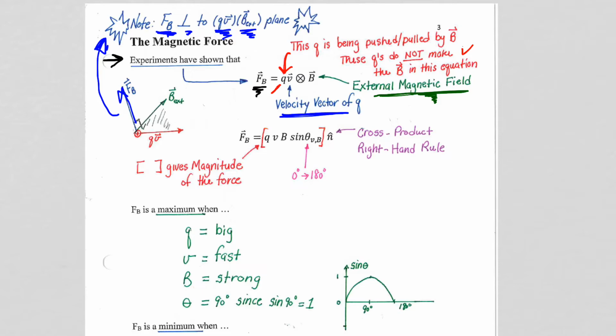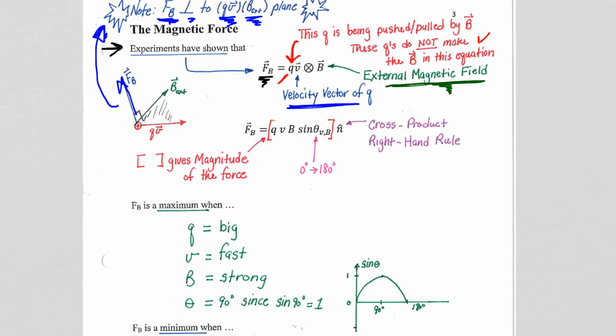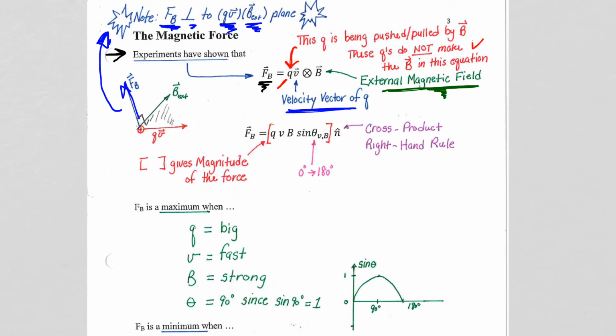But let's first finish our discussion of cross product, and we're going to practice and remind ourselves and get back into cross product mode very quickly here. Well, in our first kind of reminder of what cross product does and gives us, it gives us a max and min situation. So we get a maximum magnetic force when our cross product QV cross B is big.